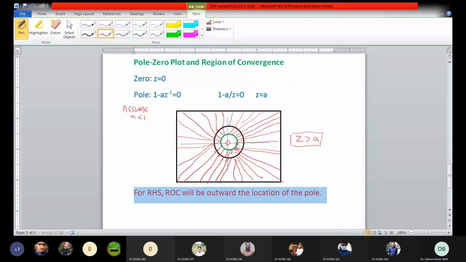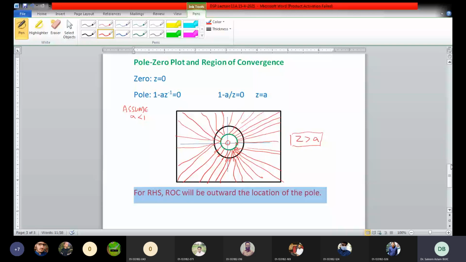So tell me, is the unit circle inside the ROC? Because this is the unit circle. The unit circle is inside the ROC, which means the system is stable. We'll talk about stability and causality in a separate section as well. But this is just a hint that if you plot the Z transform and ROC, and the unit circle is inside the ROC, then we say the system is stable. Otherwise, it is unstable.